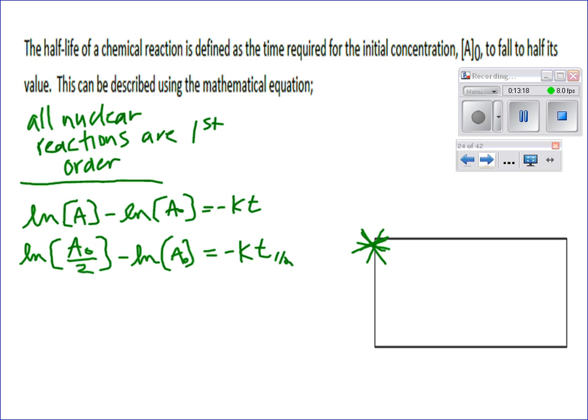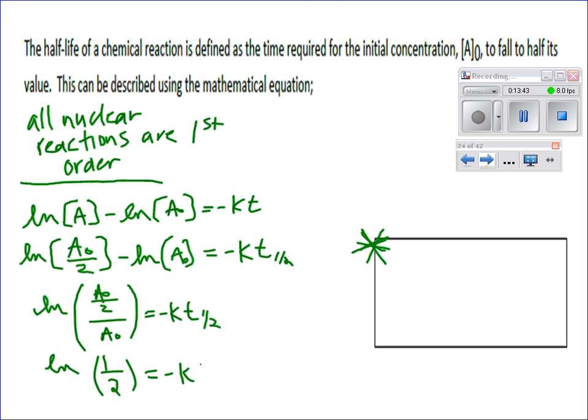Now, how can I simplify mathematically natural logs? Subtracting that is division, right? When we subtract natural logs, it's actually division. So I'm really doing ln of A naught over 2 divided by A naught is equal to negative k t 1/2. Well, this can be simplified even more to be what? ln of 1/2, okay, is equal to negative k t 1/2.